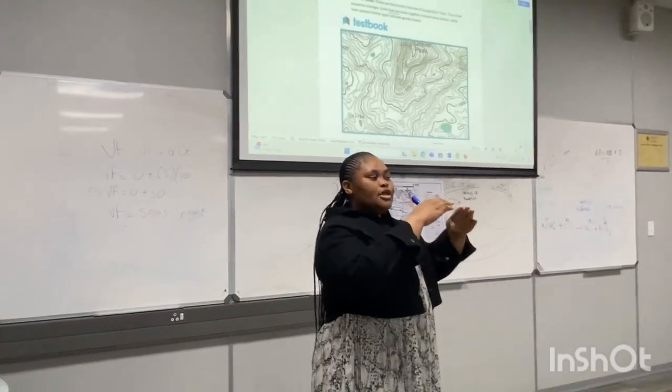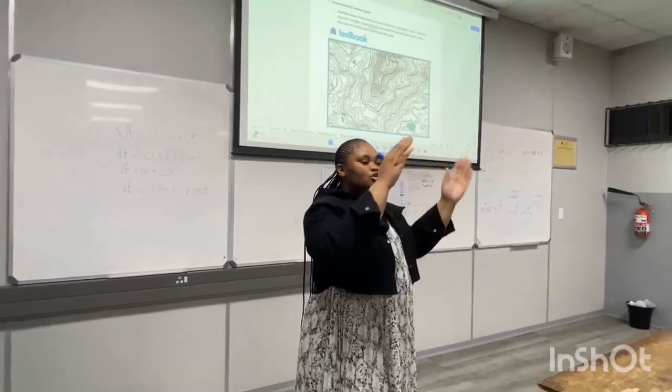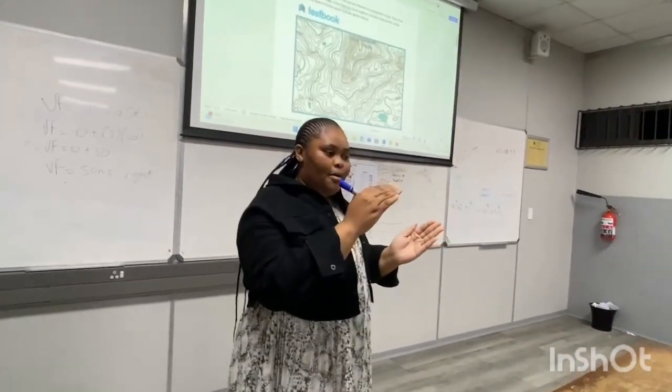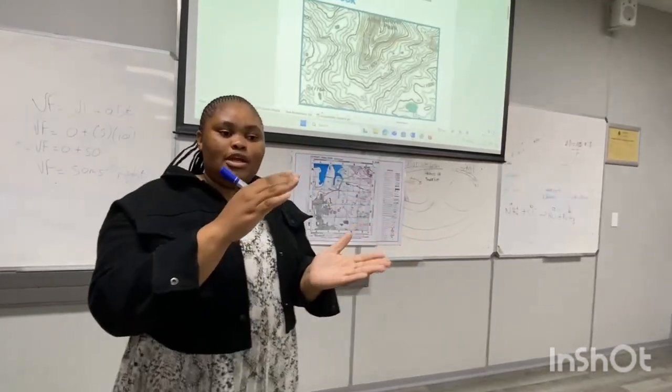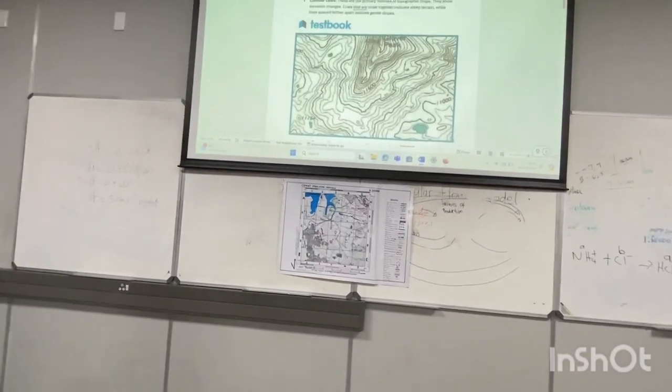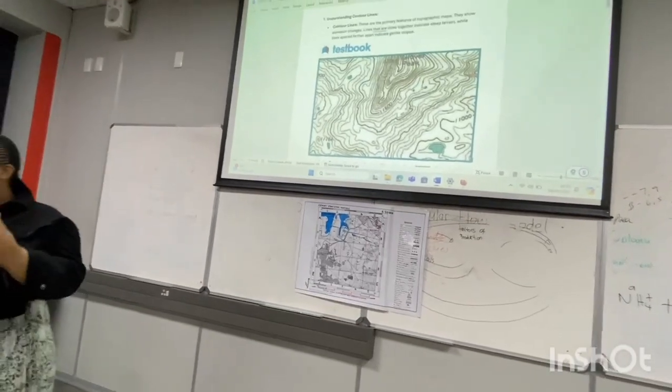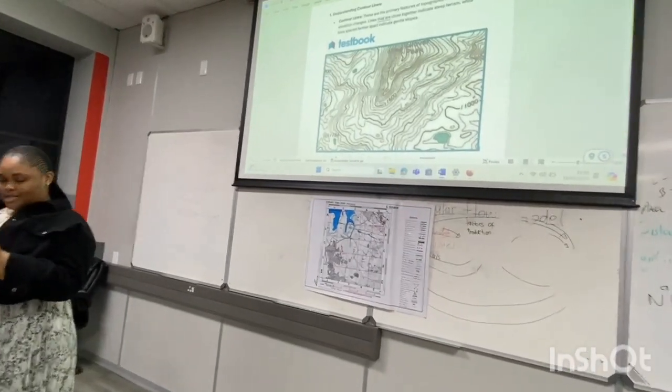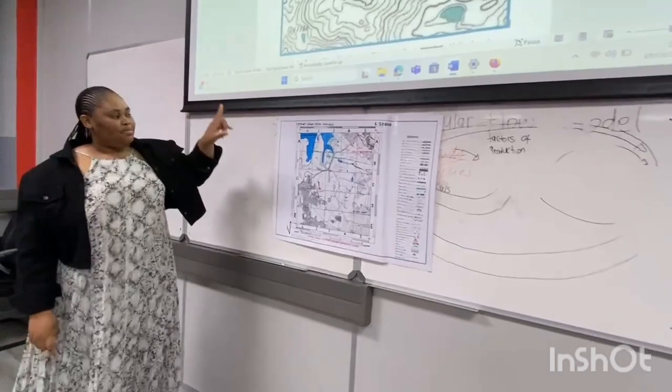So if the contour lines are close together, the feature is steep, exactly. And while the lines are spaced further apart, which indicates gentle, exactly. As you have described the contour lines.